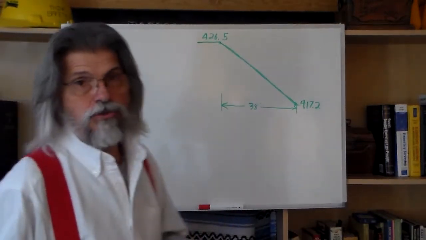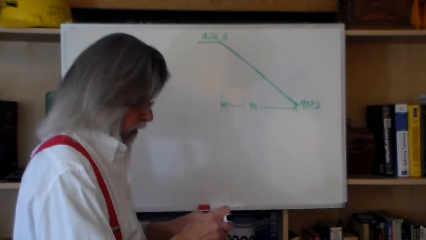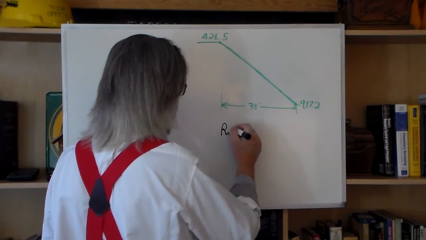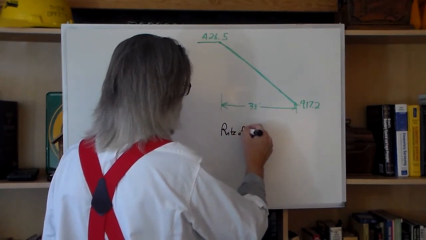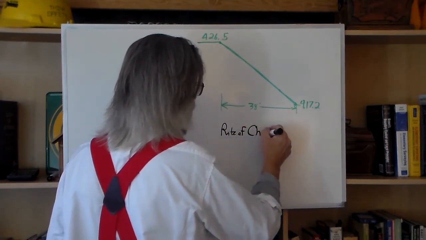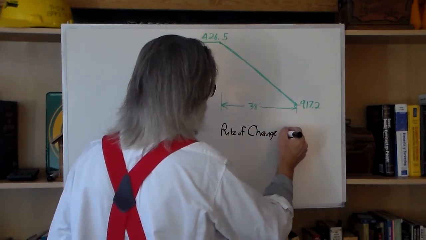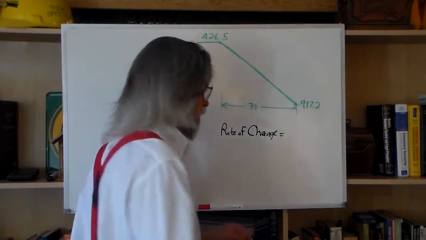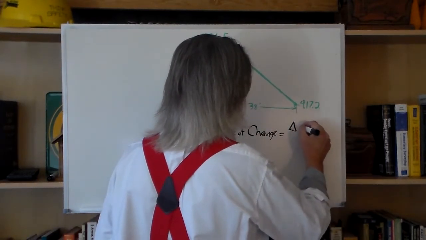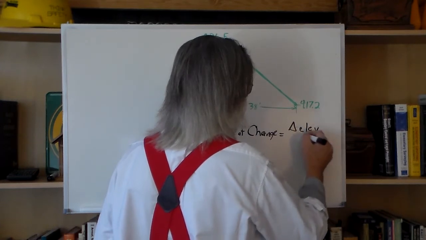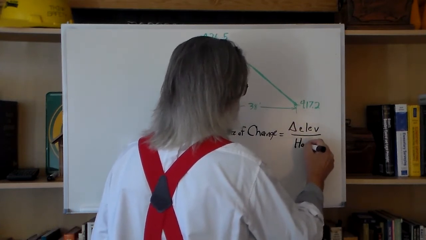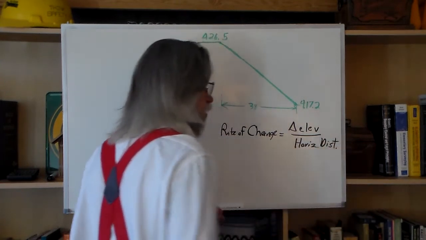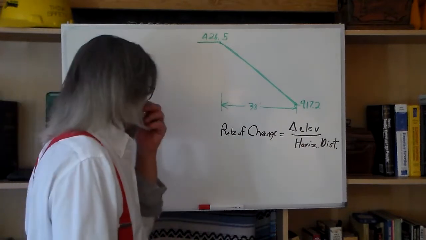The first thing we need to do is figure out the rate of change. So the rate of change of elevation is simple. It's the change in elevation over the horizontal distance.